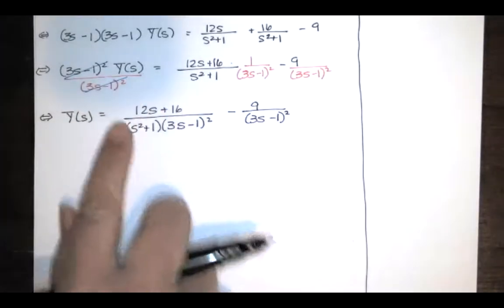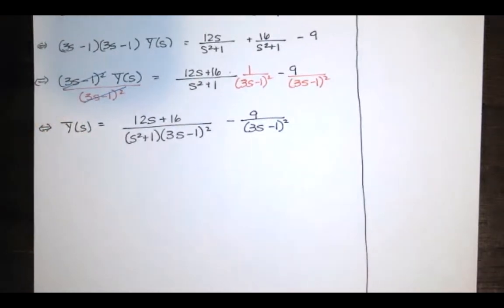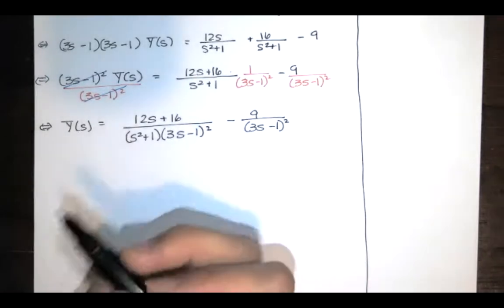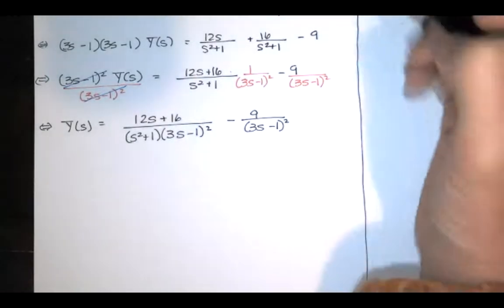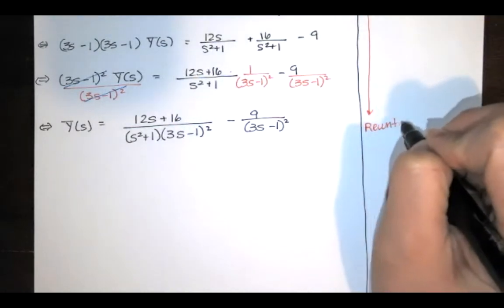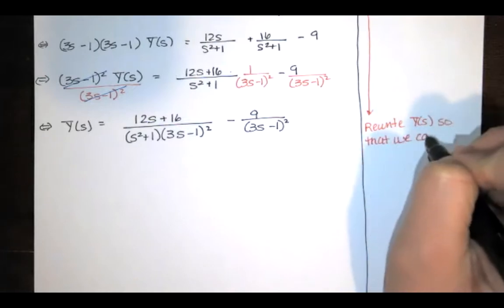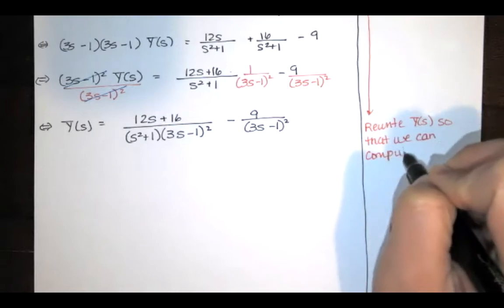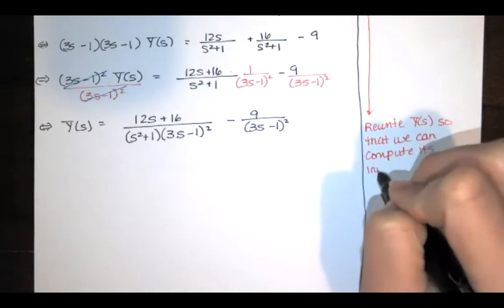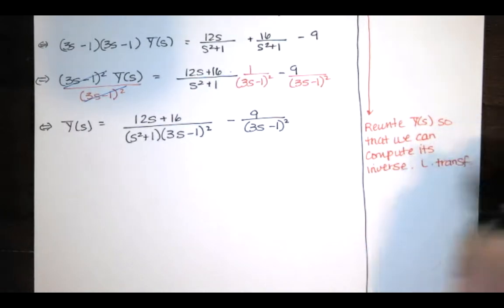Now, for this piece, I want to use partial fraction decomposition so that I will have an entry in my table, or entries in my table, that will allow me to find y of t. So after solving for y of s, we want to rewrite y of s so that we can compute its inverse Laplace transform, using our table.